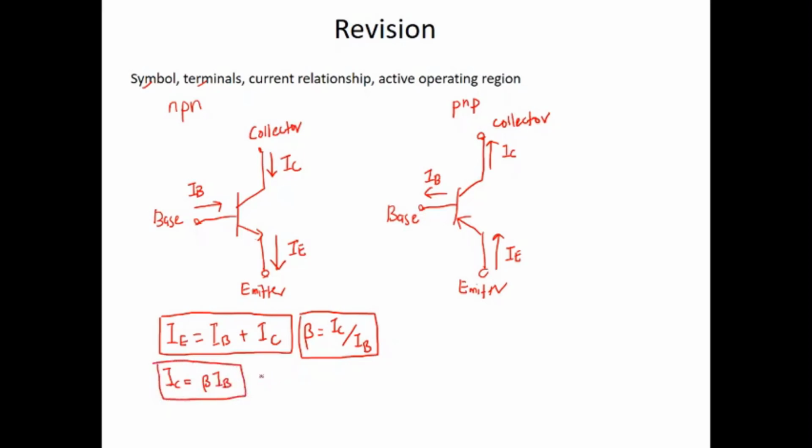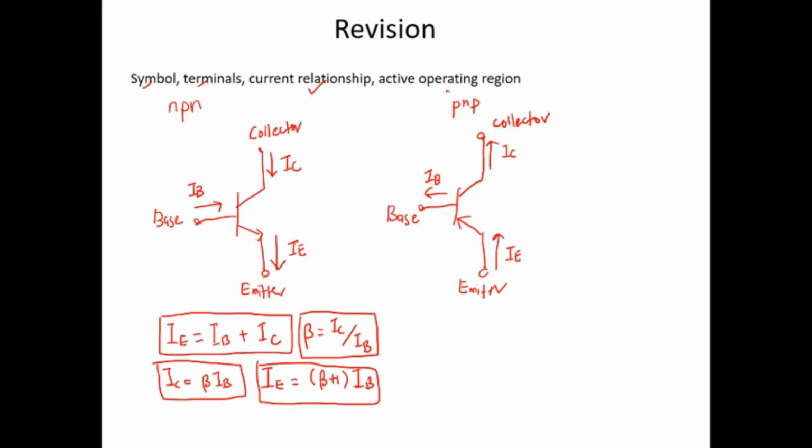And IE is beta plus 1 times IB. We have discussed this, and this is the current relationship.